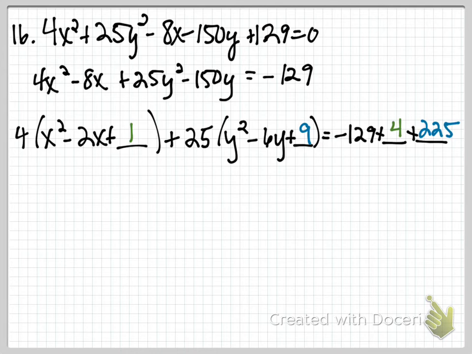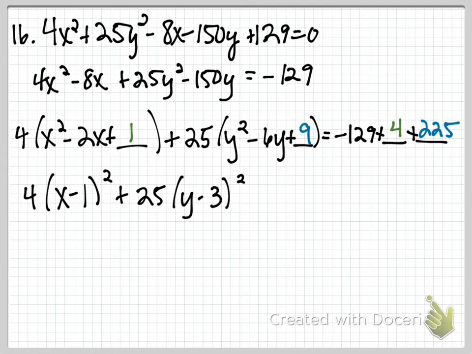And then now I'm going to go ahead and factor the x's and y's. So x minus 1, don't forget to keep the sign since it's a minus 2x, plus 25 times y minus 3 squared equals, and then simplify the right and you get 100.